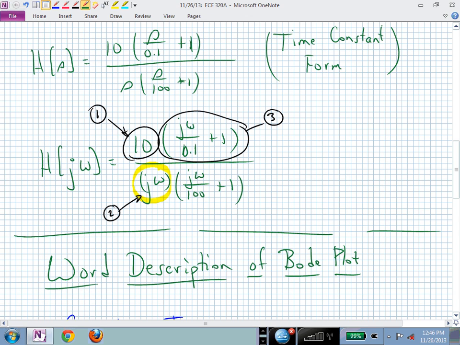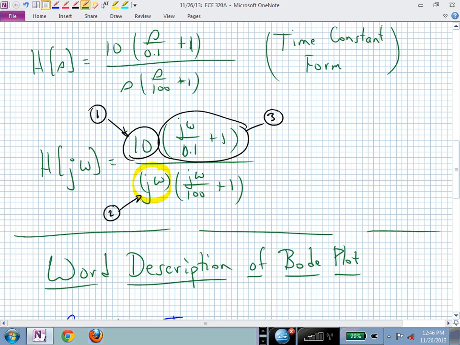If I said, what's a small frequency for term number 3, what would you tell me? 0. That's really small, isn't it? DC. You could say DC. But in terms of getting close to its break, you could say a decade away from that break could be considered small. So DC all the way up to 0.01 would be pretty small for that term.